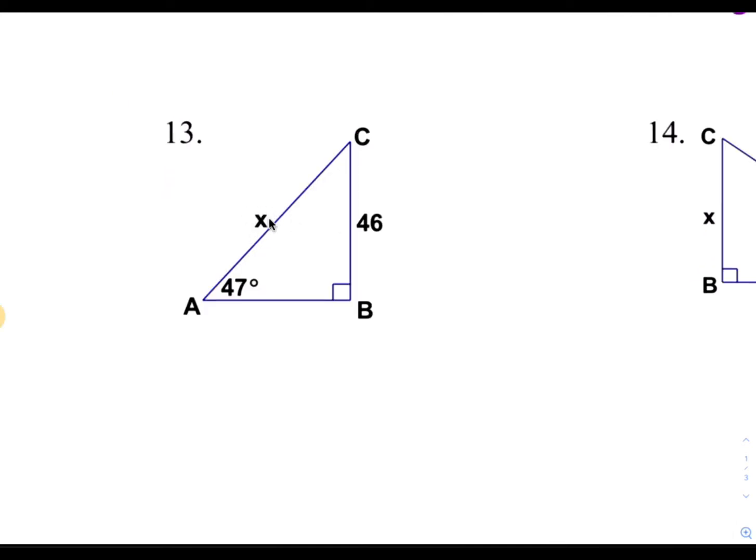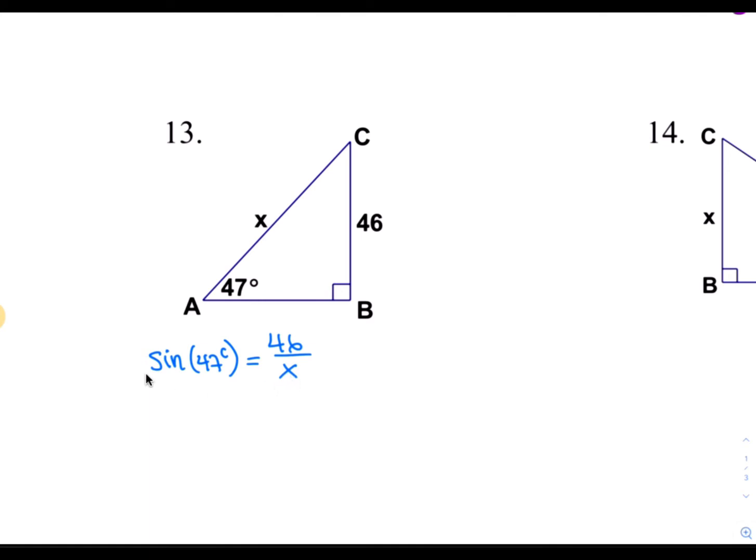All right, solving for x here in number 13, x is the hypotenuse, and 46 is the opposite side of the angle 47. So we know that sine is opposite over hypotenuse, so we can say that the sine of 47 degrees is equal to opposite over hypotenuse, or 46 over x.